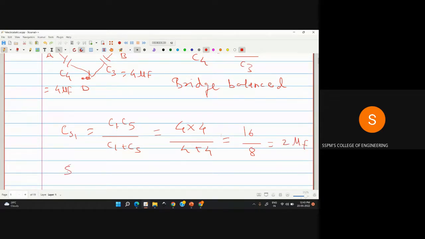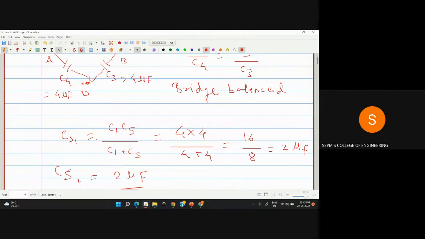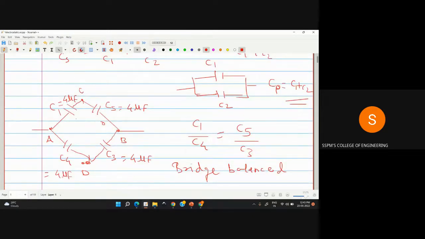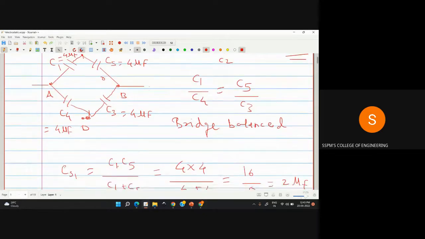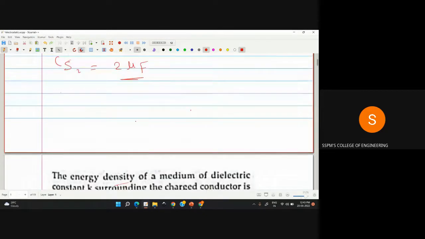Similarly, series combination of the capacitance in the second branch is also 2 microfarad because values are same. Now 2 microfarad and 2 microfarad are in parallel, and 2 plus 2 become 4. So new circuit is CS1 of value 2 microfarad in parallel with CS2 of 2 microfarad between point A and B. So what will be the total capacitance?